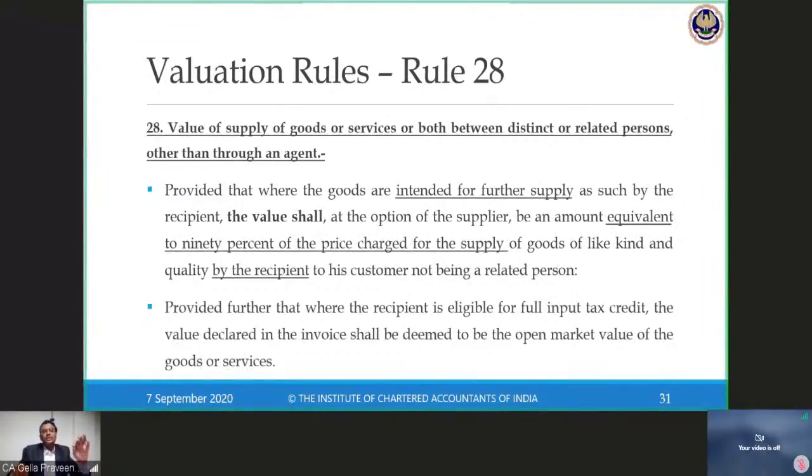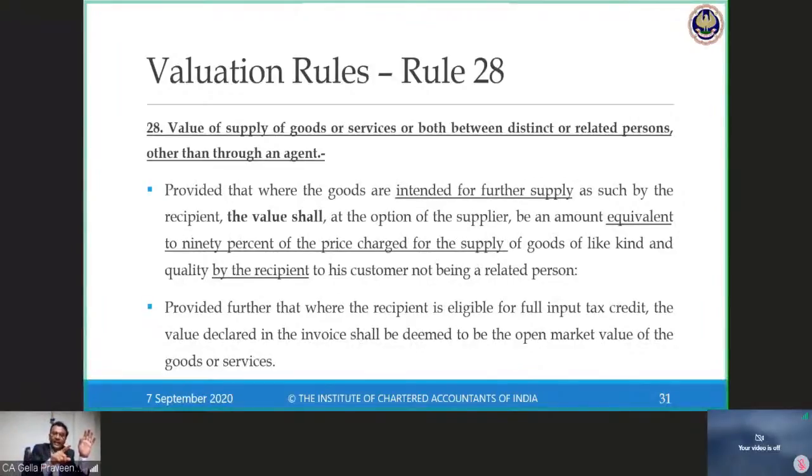Now, this second proviso is the beauty which takes away the entire complexity. Please read carefully. Provided further, where the recipient is eligible for full input tax credit, the value declared in the invoice shall be deemed to be the open market value of goods or services. This Rule 28 says, when you do a stock transfer from one unit to another unit, I don't break my head. I'll say the bill value is the transaction value, as long as the other unit which is buying the material, the receiving end, is in a position to take input tax credit.